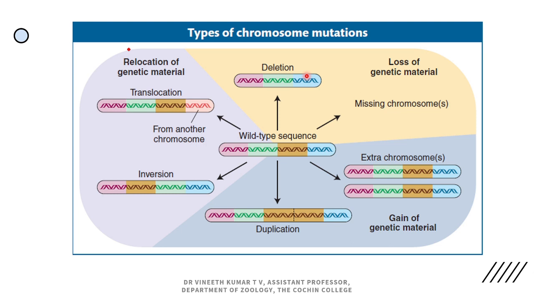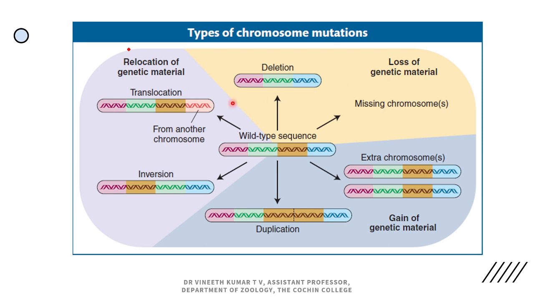So in deletion, this is loss of genetic material. In this session, we have only deletion for that case, and you can see relocation of the genetic material in duplication, inversion, and translocation. In all of those, there is no loss of genetic material.